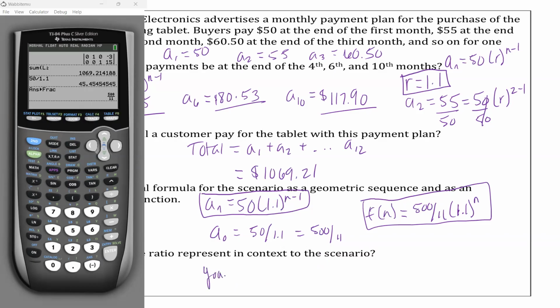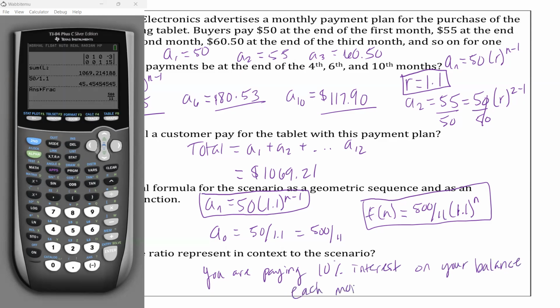So you are paying 10% interest on your balance each month. And by the time it's all said and done, you will have paid this much. So it didn't say that it was the most affordable. It just said that it had a plan that was affordable. See where I'm going there?